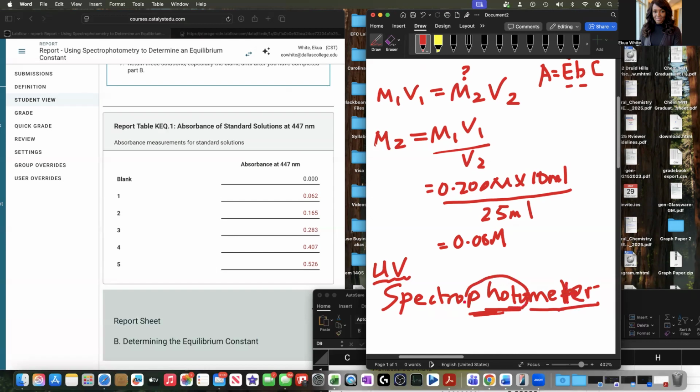So we're using light from the ultraviolet spectrum to measure, in this case, the absorbance. Once the absorbance is measured, it's a number that can then give us the concentration. If we had a way to measure the concentration directly, we would use that. This is just the more standard, traditional way for figuring out the concentration.